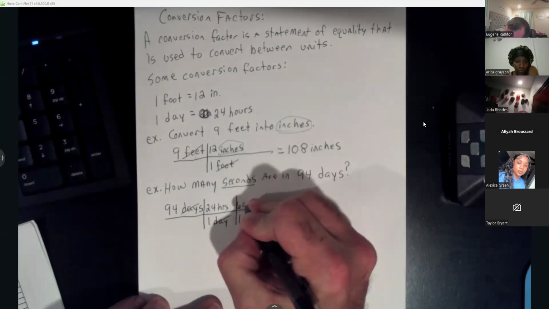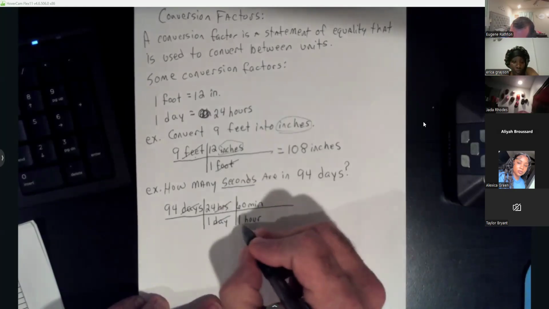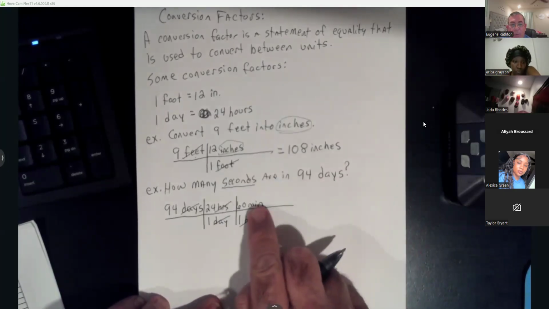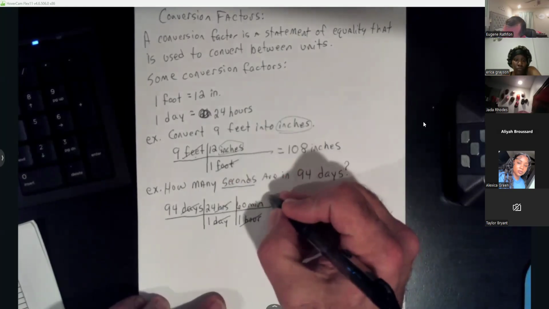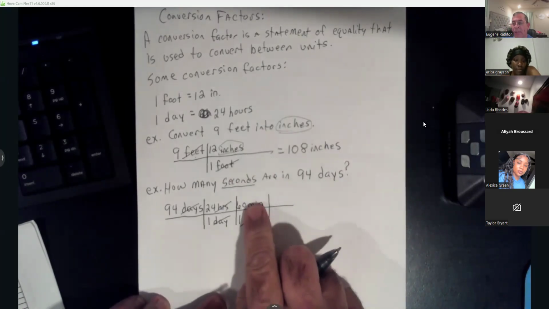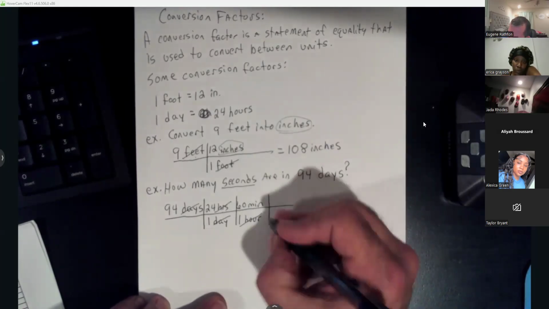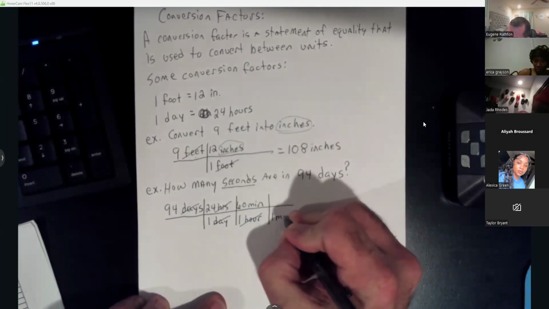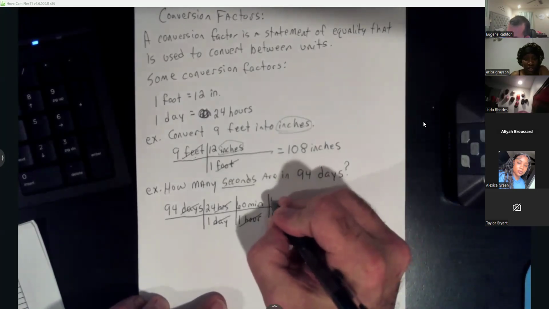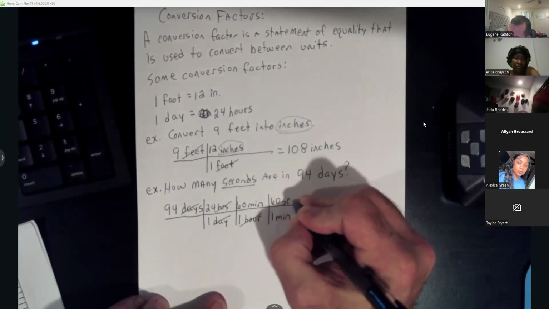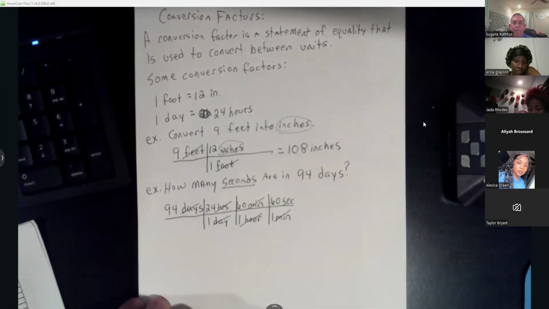All right, so that'd be 60 minutes. So now look what happens. The hours are going to cancel. But y'all, we still need to keep going because we need this in seconds and not minutes. Right. So now we'll cancel the minutes by telling how many seconds are in every minute. So for every 1 minute, that'd be 60 seconds. So now the minutes cancel.